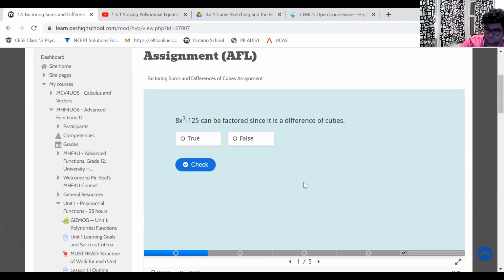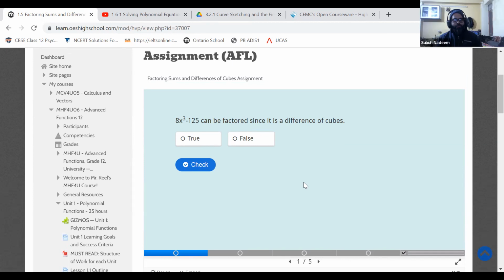Yeah, that's the first one. 8x cube can be factored since it is a difference of cubes. So can you write it as a difference of cubes, A cube minus B cube? I think we can.